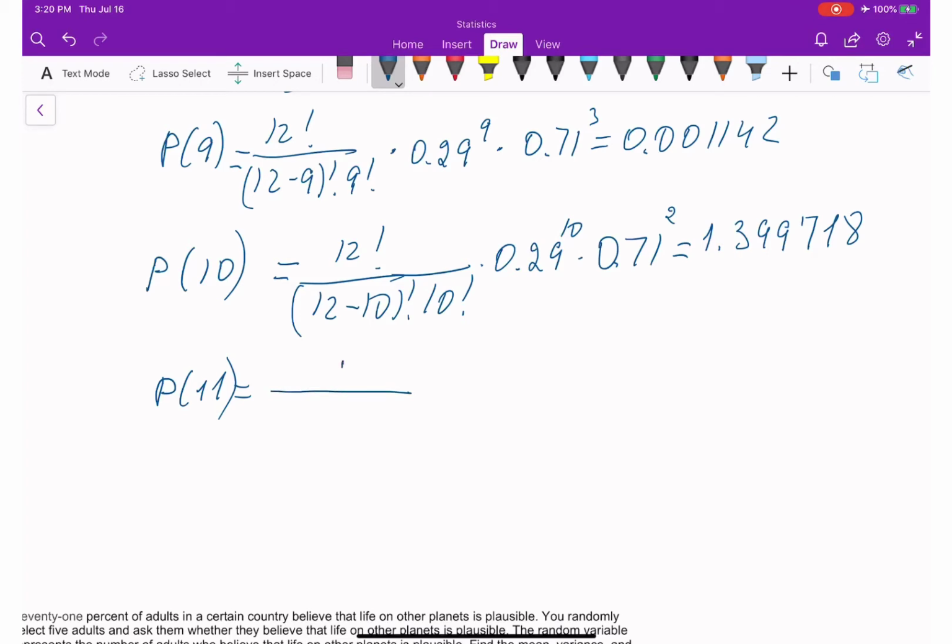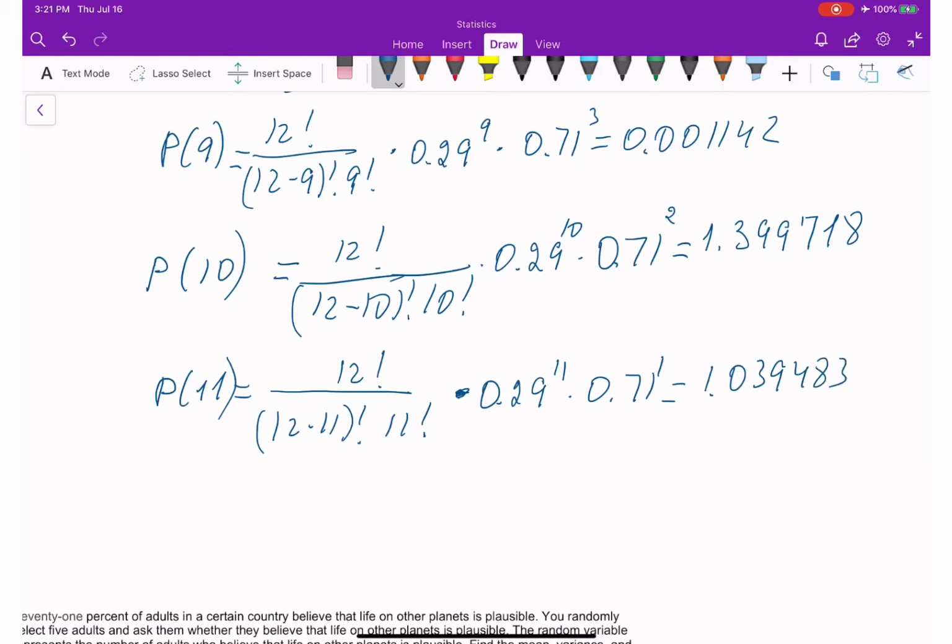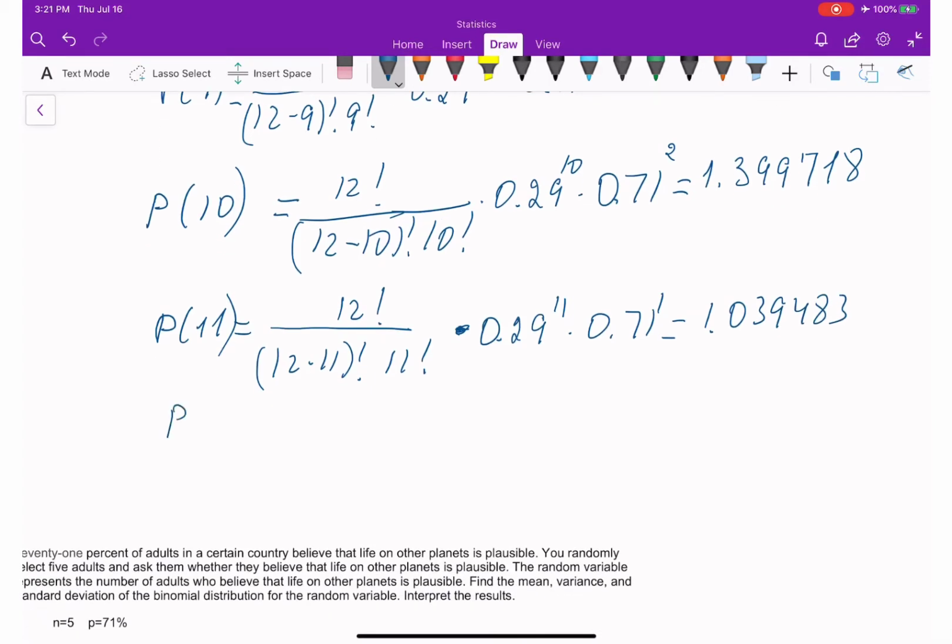That is equal to 12 factorial over 12 minus 11 factorial times 11 factorial, times 0.29 to the power 11 times 0.71 to the power 1, and we get 1.039483. And lastly, if you punch the numbers for 12, you will get 3.538147.